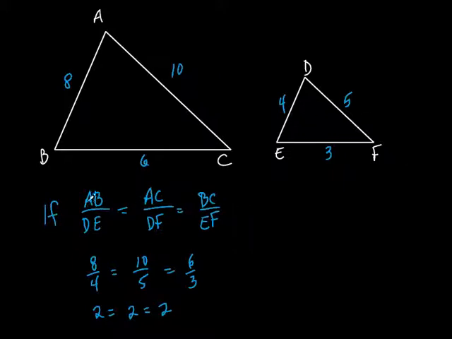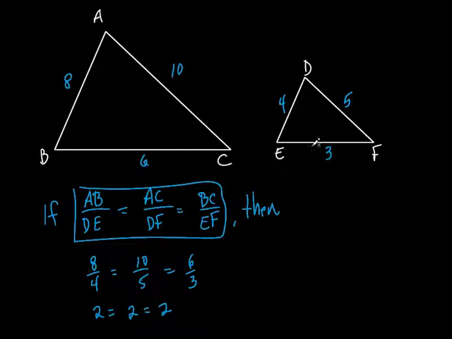If the three sides are all in proportion, if they have the same scale factor, which they do, 2 over 1 or 2, then guess what might be true about these two triangles? They're similar, exactly. So we'll say triangle ABC is similar to triangle DEF.